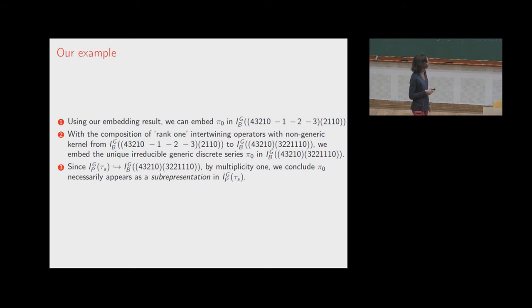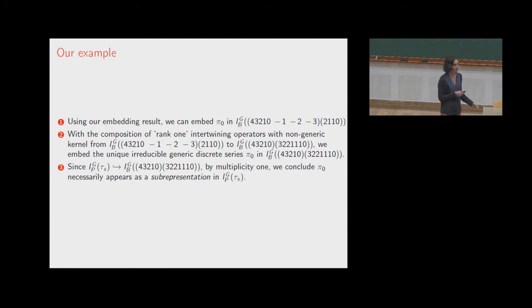So I will start with -3 there, and -3 is smaller than 2. I have this condition of B smaller than A. And then I know that I can switch the 2, I can transpose the 2, and this operator has non-generic kernel. So this -3 can just move on the right, but it is also bigger than 1, so it can actually go all the way there at the end.